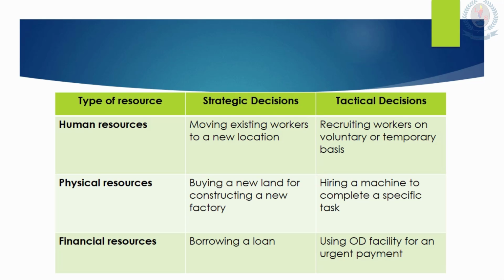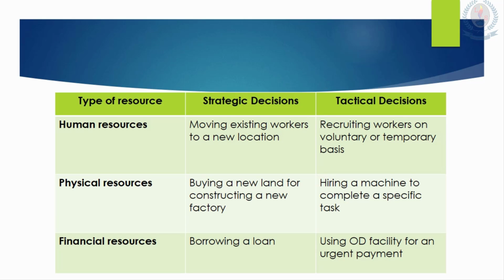Financial resources: money, finance. So these strategic decisions and tactical decisions have a great impact on these resources as well. Look at this table. I have given some examples. It will be useful to identify how these strategic and tactical decisions affect those resources.